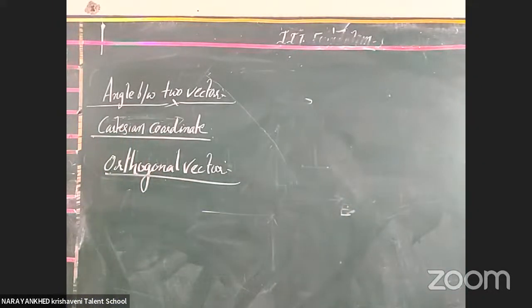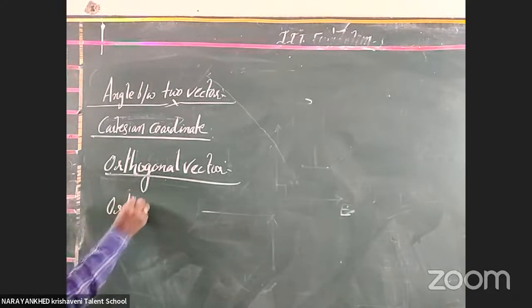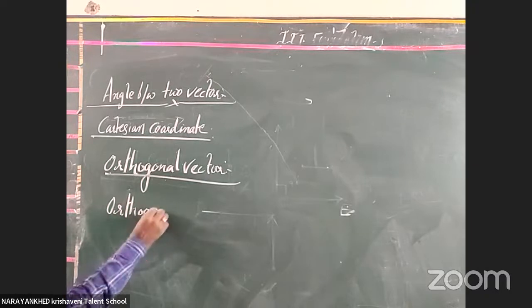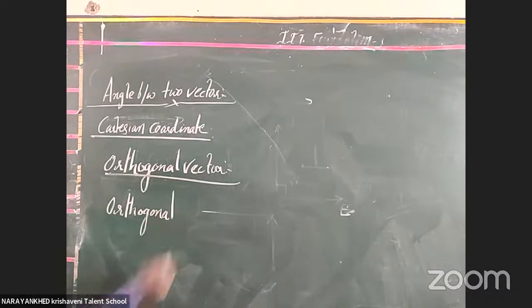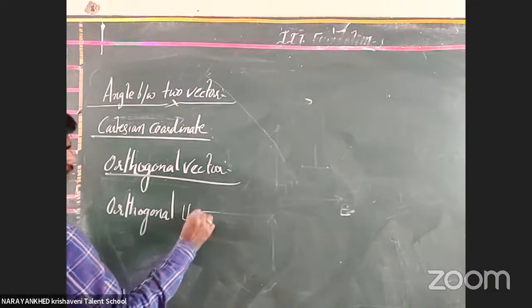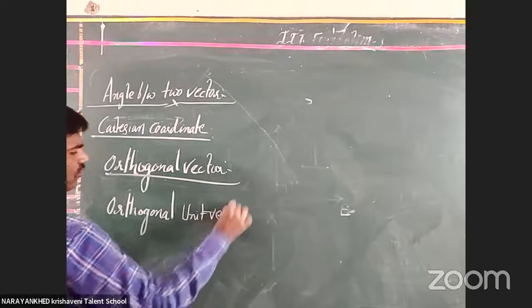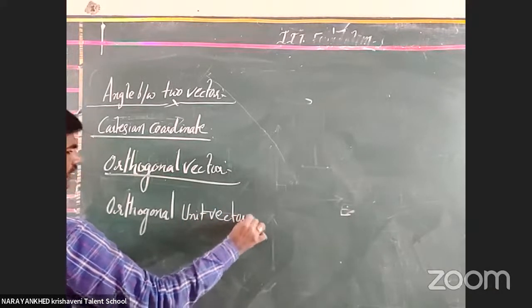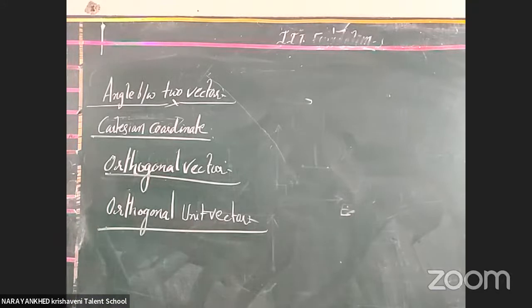Next, after orthogonal vectors, we come to the orthogonal unit vector. Which one is called an orthogonal unit vector? Clear or not?